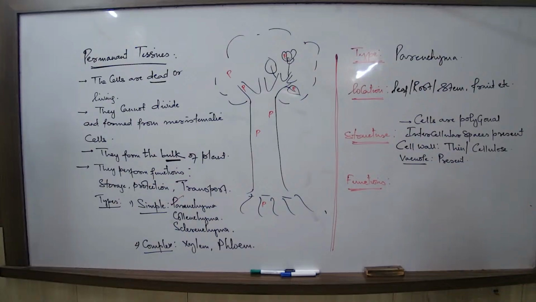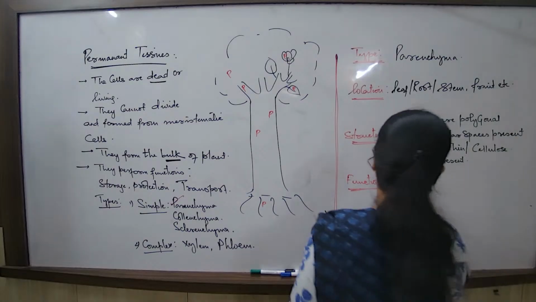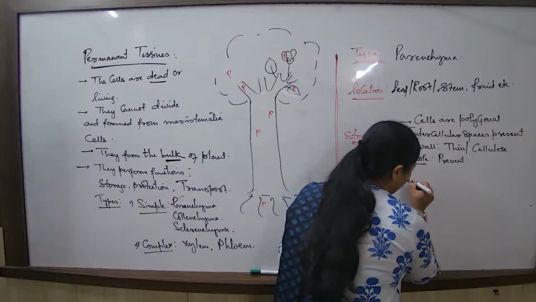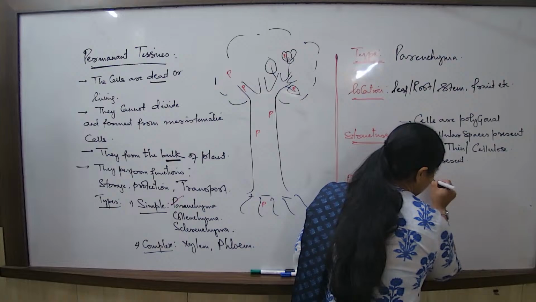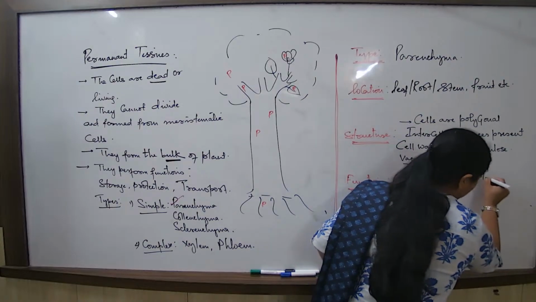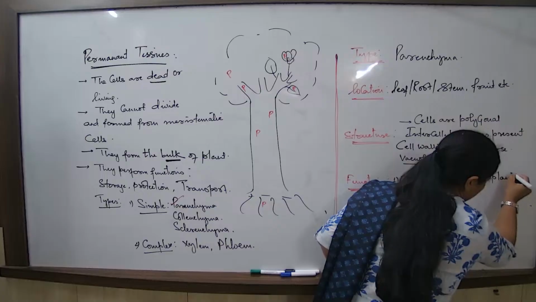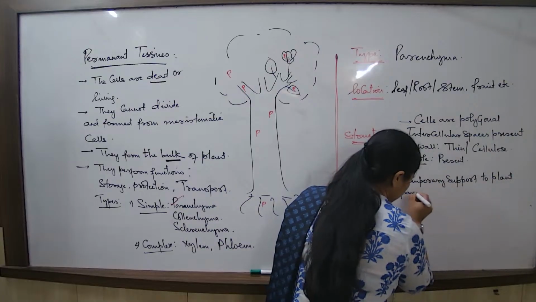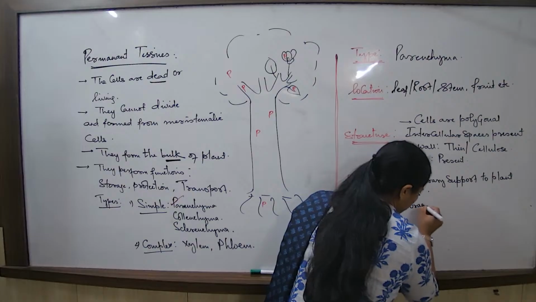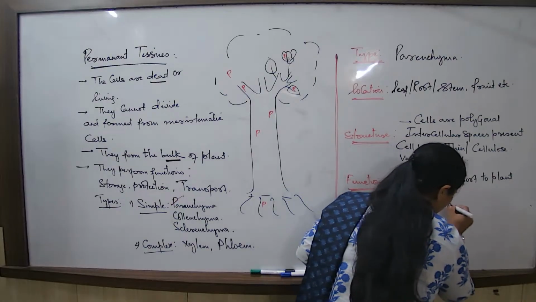Now the functions. What are some of the major functions of parenchyma? Number one, parenchyma provides temporary support to plant parts. Number two, it also helps in storage of starch.